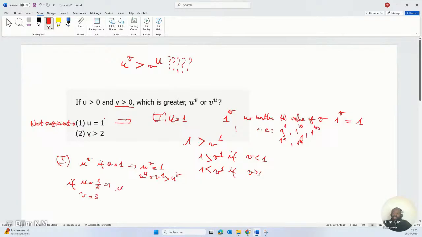So we will get u to the power v, which will be equal to 1.5 to the power 3, and v to the power u will be equal to 3 to the power 1.5.